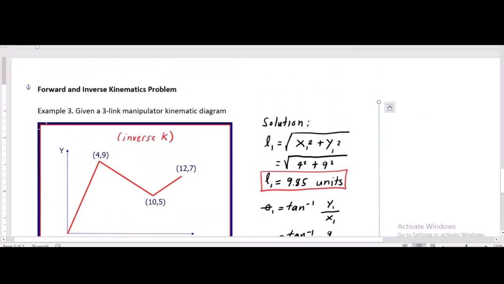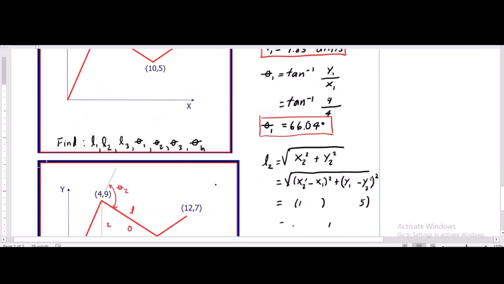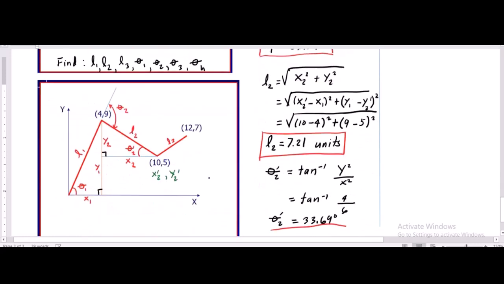We will be able to get the theta 2. How? We already solved the theta 2 prime. So how can we get the theta 2? Watch carefully the angles.